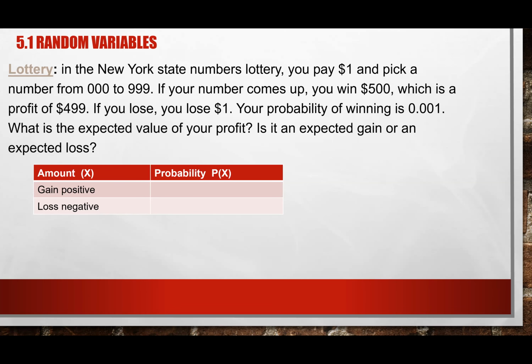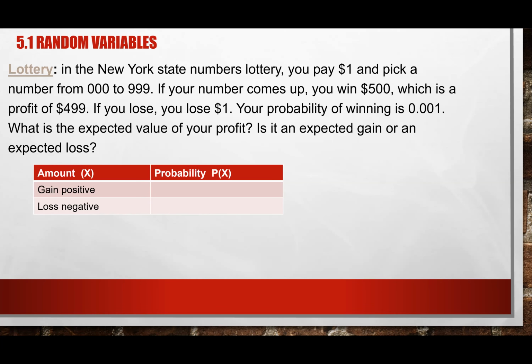In the New York State number lottery, you pay $1 and pick a number from 000 to 999. Any number between, meaning 000, 001, 017, or 871, any number between those 3 digits.